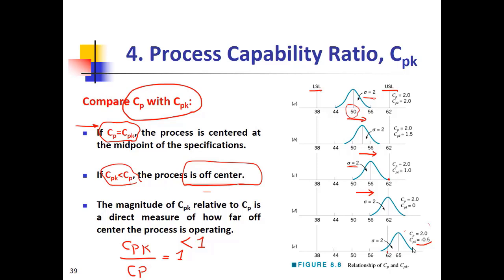If it is 1, it is perfect. CPK to CP, if 1 is good. If it is smaller than 1, it is not good, really an off-center process or data.